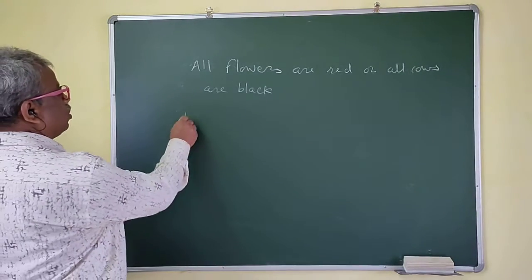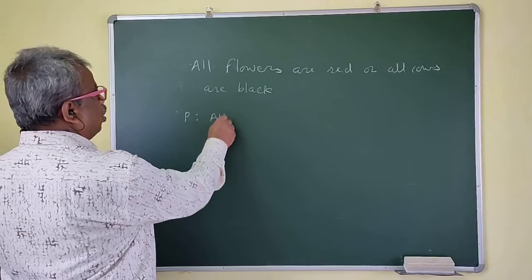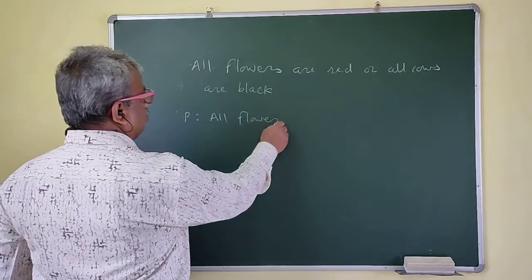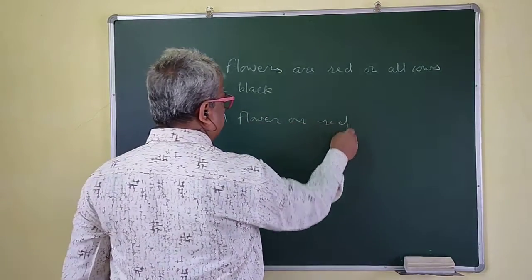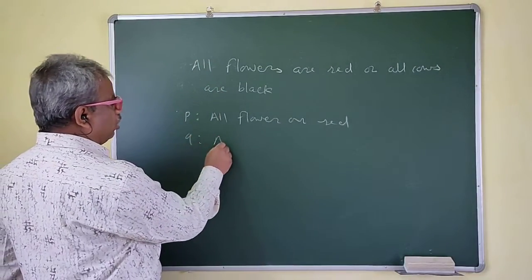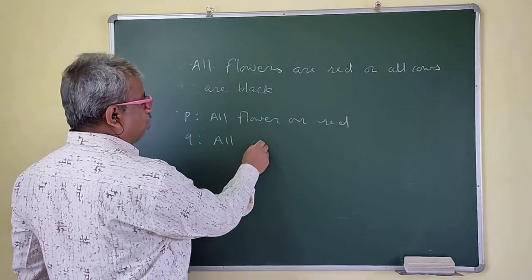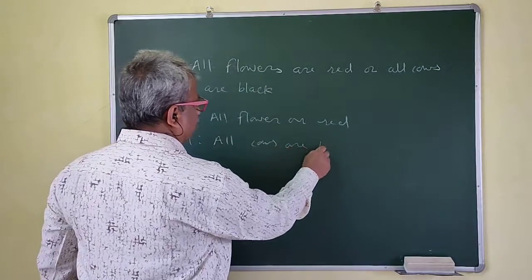Now your P is what? All flowers are red, and your Q is: all cows are black.